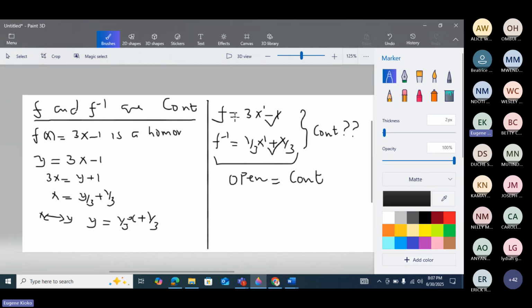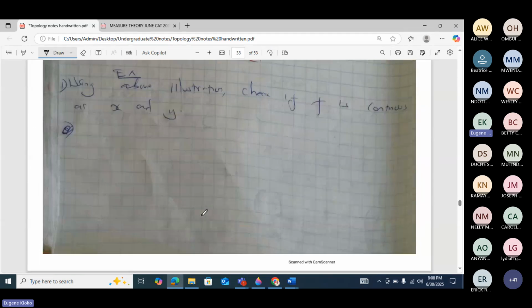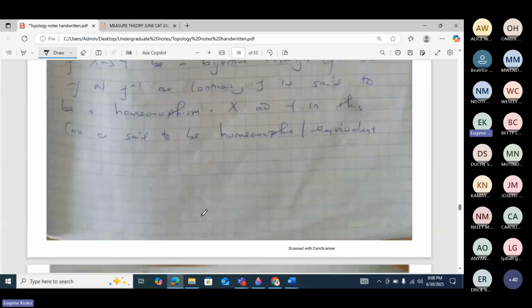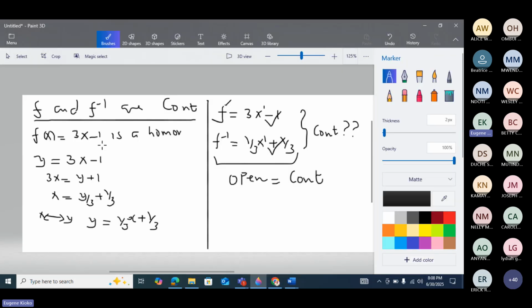And if they are both continuous, it means it is a homeomorphism. So that is the argument that has been used here. Although in this solution the inverse has not been worked out, it is assumed that you know how to find it. Since f inverse is this, it follows that f is bijective and both of them are continuous, and therefore that fact follows. So the solution here is very summarized.